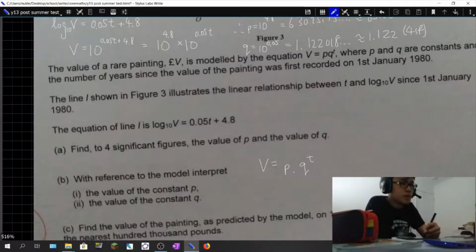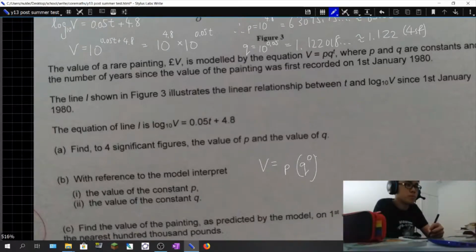So p is actually, if you sub in t is equal to 0, this term is just equal to 1, so that just equals p. That means this was the initial value of the painting. So p is the initial value of the painting, because you subbed in t is equal to 0. When t is equal to 0, no time has passed, so that's the initial.